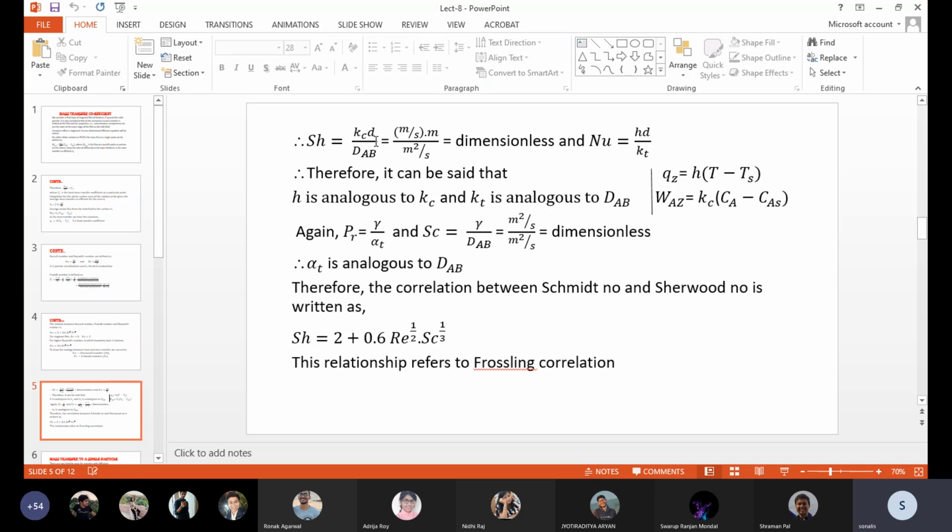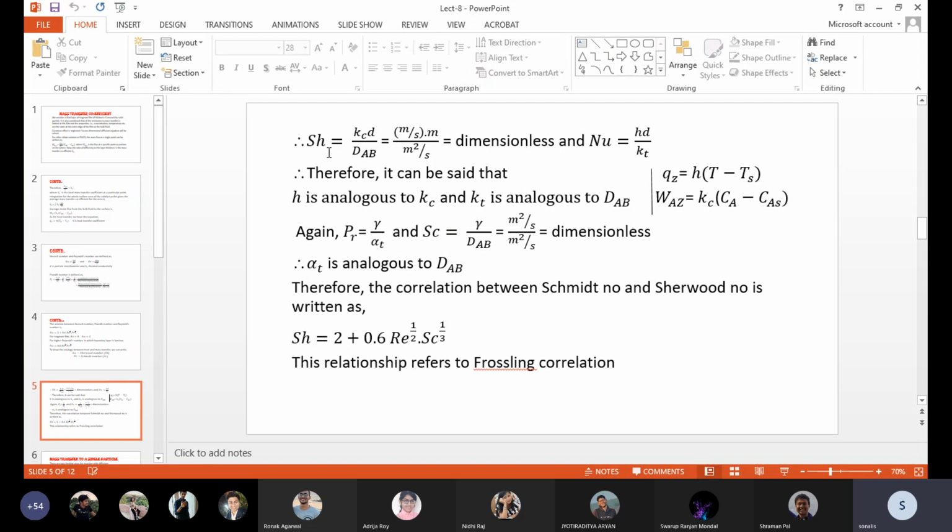Sherwood number is KcD by DAB. Kc is in meter per second, the mass transfer coefficient. D is the diameter of the catalyst pellet. DAB is the diffusivity. So if you see this, it is dimensionless, and Nusselt number is HD by Kt.